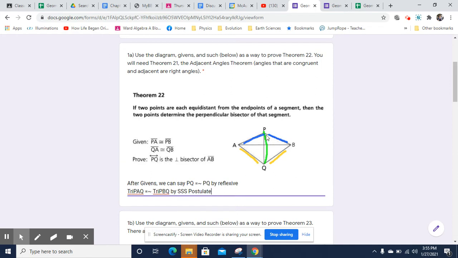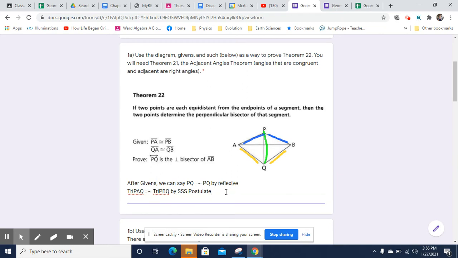Okay, so once we have that information, now we can start proving some angles. So we now know that this angle here and this angle here are congruent. We also know this angle here and this angle here are congruent by CPCTC. So you can take one path or the other, it doesn't matter which, but either path is going to lead you to being able to prove these smaller triangles are congruent. So I'll just pick the top path.